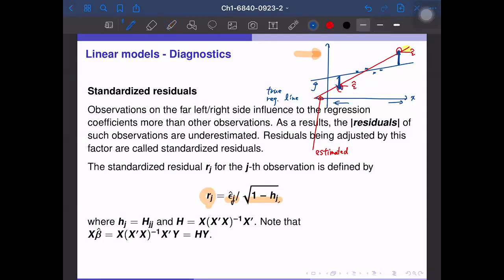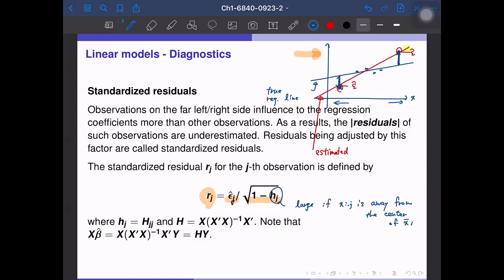So hj is basically a constant that is large if xi is away from the center. Center of x. So xj is away from the xi. Maybe I will say xi bar.